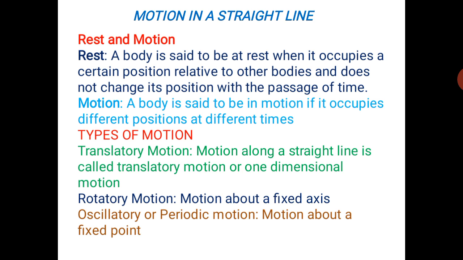The prongs will be vibrating. So the motion of the prongs, we can say, is oscillatory motion. Okay, there are a number of examples for oscillatory motion. So these three types of motions are cleared: translatory motion, rotatory motion, and oscillatory motion.